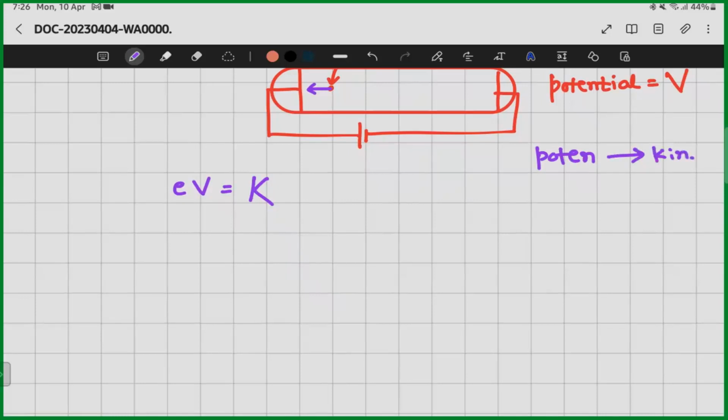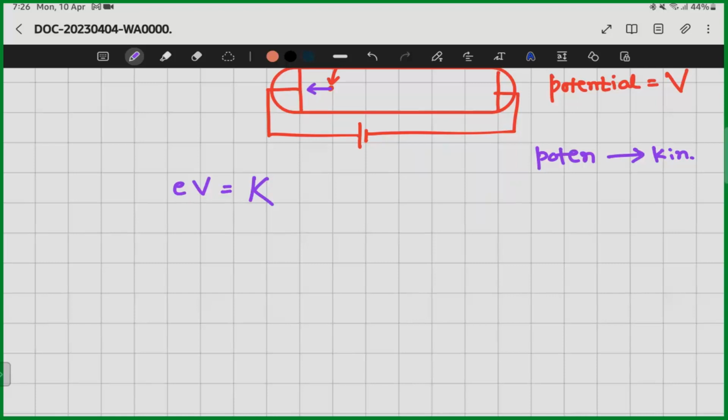What we can think is that this is the potential difference V, and the electron is there. We put the electron at rest in between, and we apply the potential difference. What will happen? This electron will accelerate according to the field.